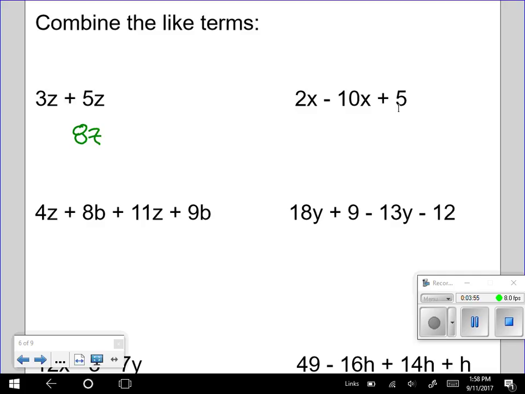That would be something that we would just have to leave alone for now. So 2x minus 10x, or 2x plus negative 10x, different signs, so we subtract, we get 8, and we have more negatives. So we'd have negative 8x plus 5. Then we have to determine, can I simplify this any further? Well, if they're not like terms, that's as far as we can go.